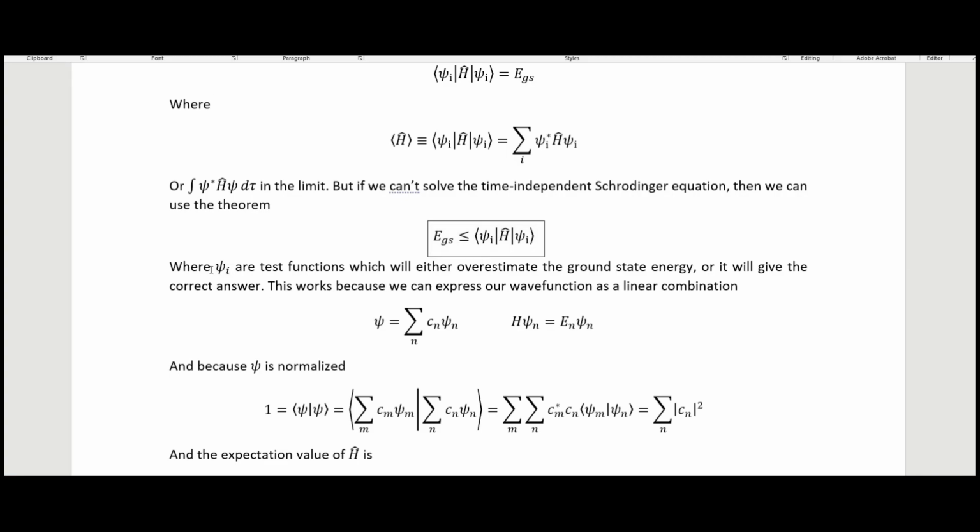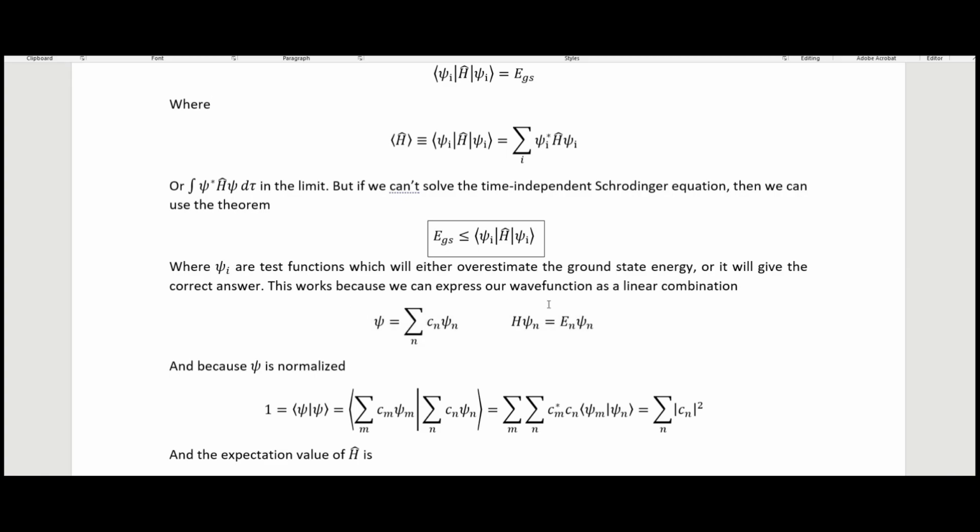And so these psi's here are test functions, which, as I'll discuss in a little bit, there are a few things we want to consider when coming up with the test function, but for now we can keep this more general and just say that we have these test functions psi, which will either overestimate the ground state energy or give the correct answer.